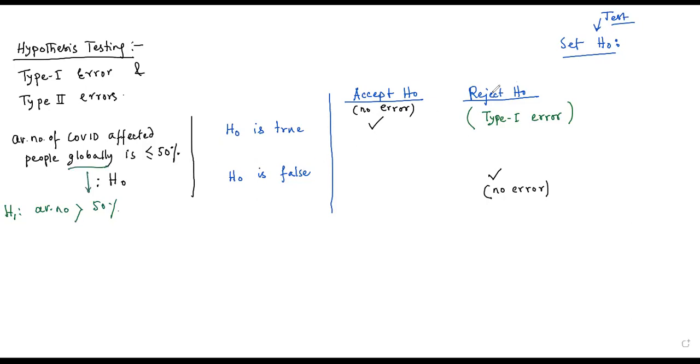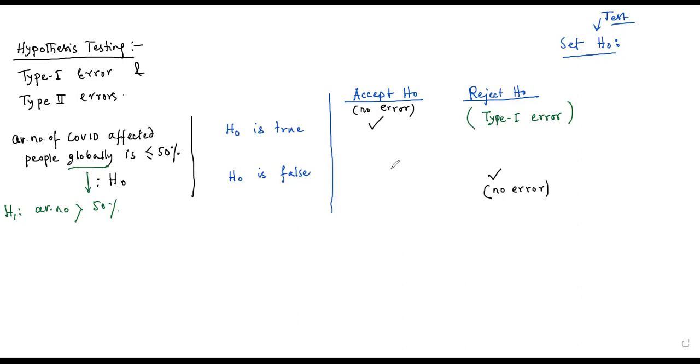We have selected this sample from a particular country, say, for example, New Guinea, and there, according to the World Health Organization's current data, from March 21 to June 21, COVID affected people's percentage is low. I have collected the sample from there.